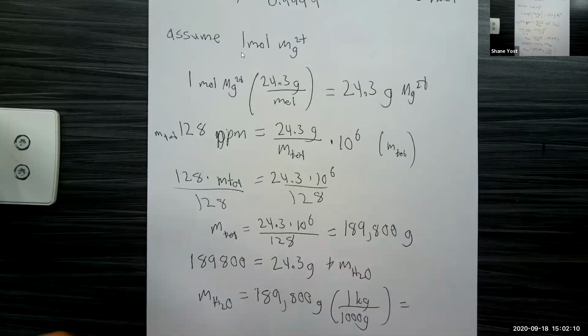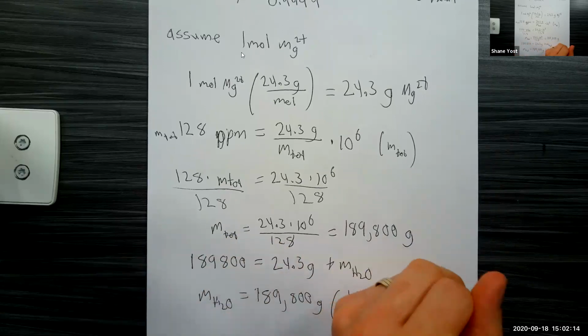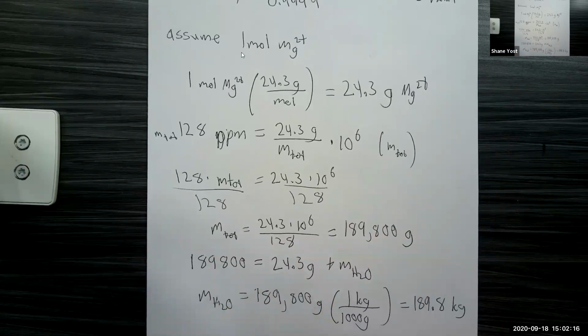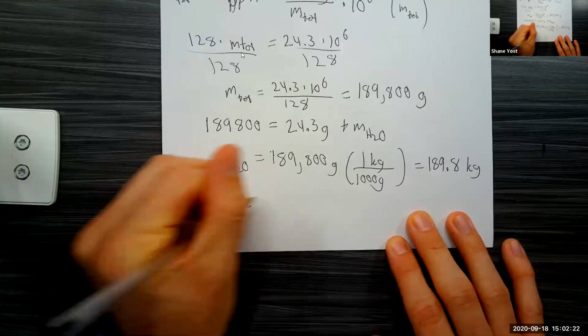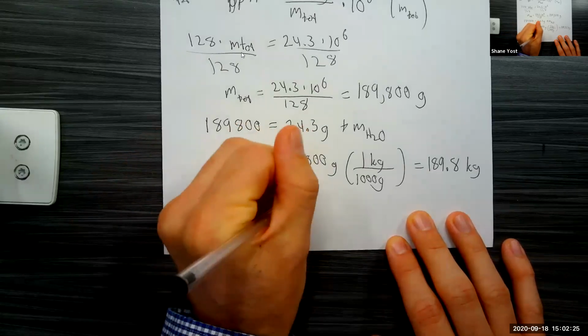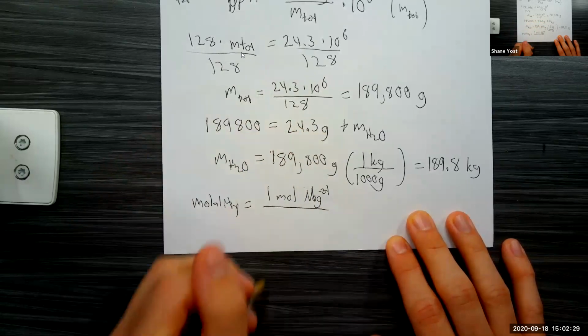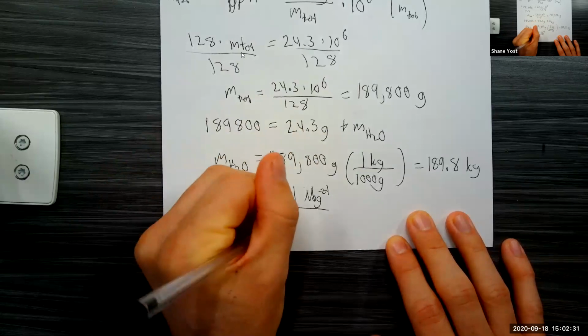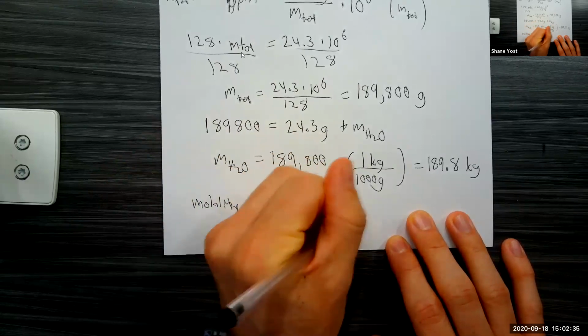going to give me 189.8 kilograms, okay? And so then finally, my molality is equal to 1 mole, which is what we assumed, of Mg2+, divided by 189.8 kilograms of water.